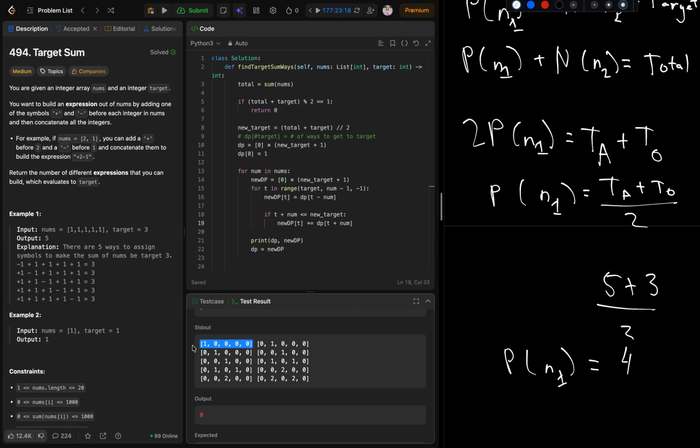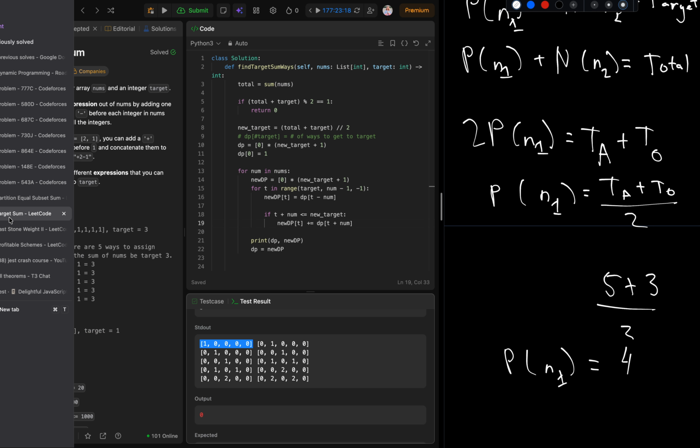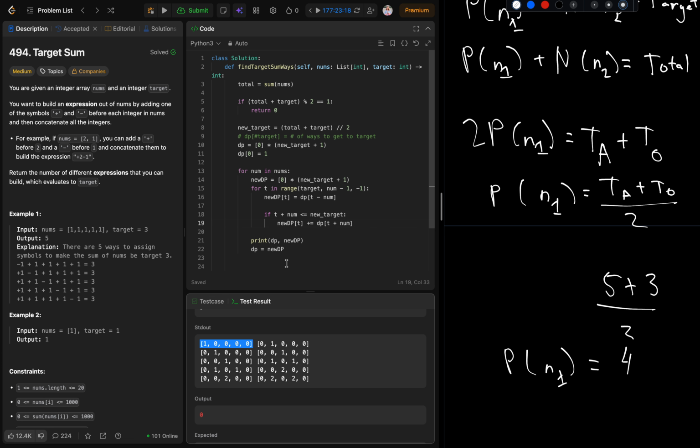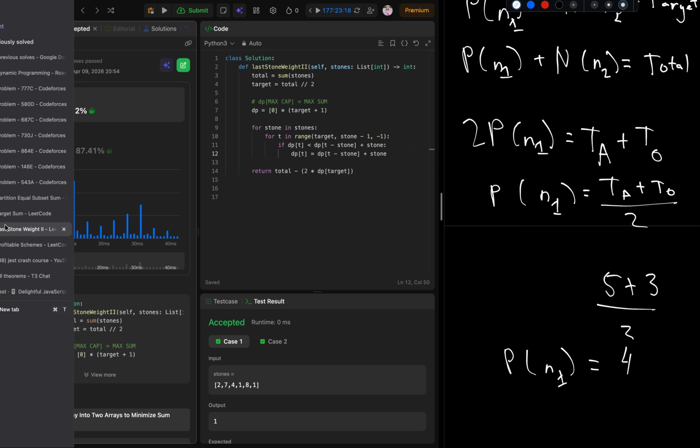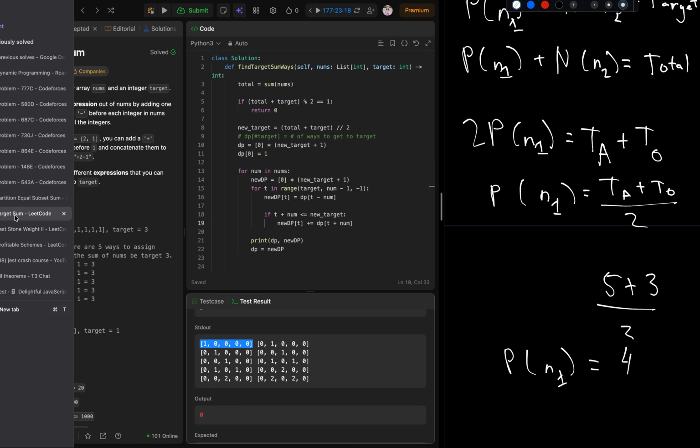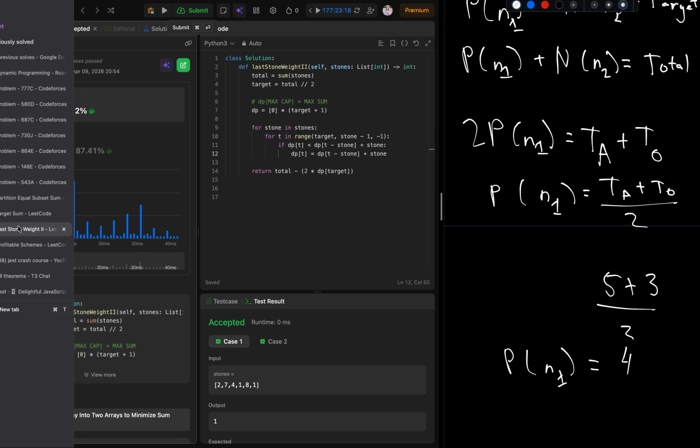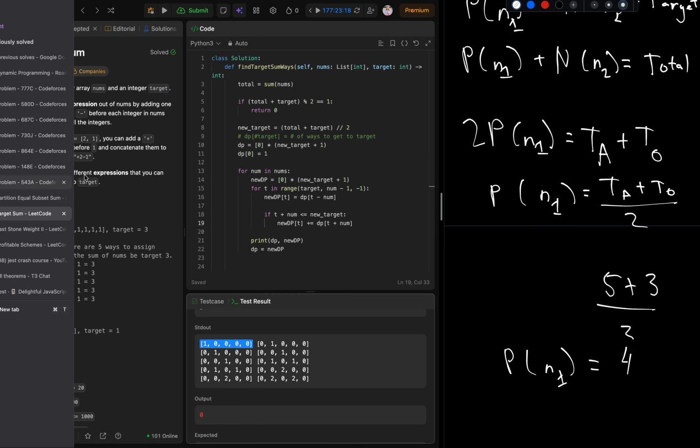This is how I approached it at first, but you have to be able to go into the negatives. Maybe it's... would it be similar to this one? Oh, I'm not too sure.